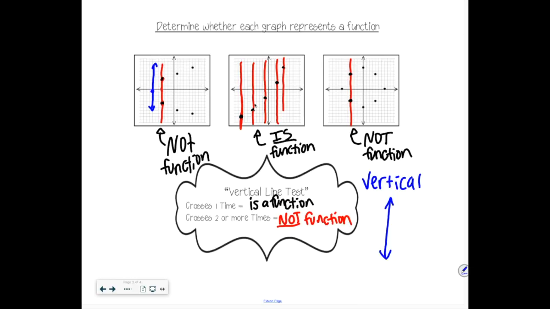But here, we had vertical lines showing all the X values, and each one only had one dot. So remember that vertical line test. If you only have 1 point, remember the X can't be greedy and have more than 1 point, okay? As long as you only have 1 point on the entire graph, it's a function. As soon as it gets greedy and has 2 dots at 1 X value, that's not a function.